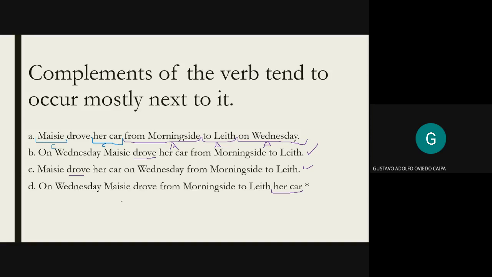On Wednesday, Macy drove from Morningside to Lee her car. That one is very strange. It feels very much ungrammatical, like it's not the right grammatical construction. And that's because the complements of the verb normally are around the verb. In this case, the subject and the direct objects of the verb are normally around the verb.